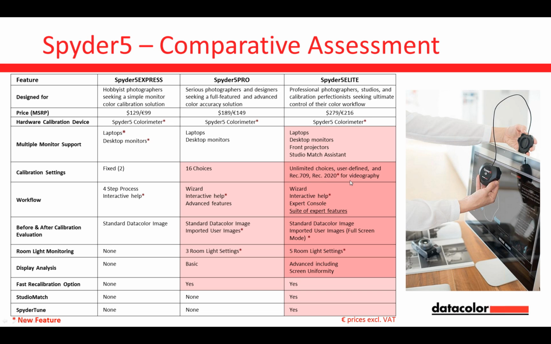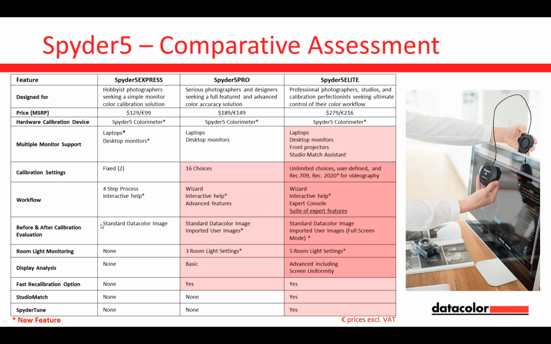And for those who say, okay, I go for videography, the REC 2020, the REC 709, that will be here in the Spyder5 Elite. For the workflow, on the Spyder5 Express we have a simple 4-step process, and on the Pro and the Elite we have the wizard, and the interactive help we have on all 3. Okay, great, good. What else?